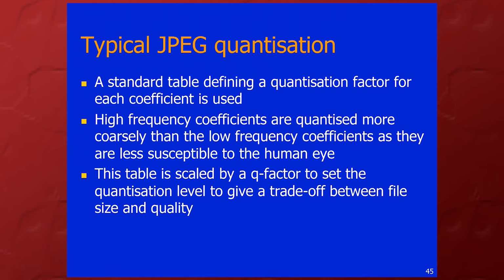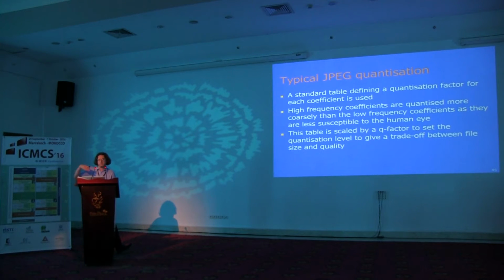Lower frequency information, we retain more. And how we do that is encoded in quantization tables, which are 8x8 tables. Again, by default, there are standard tables from the JPEG consortium. And again, if we wanted to, we can tune those quantization tables.